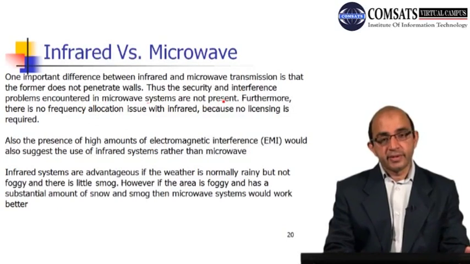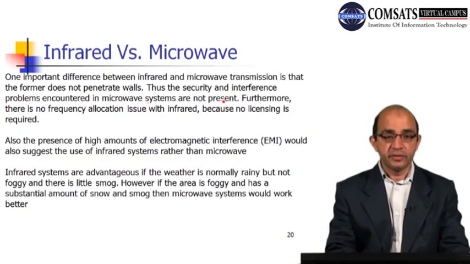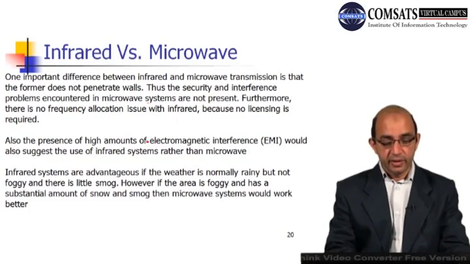As we know, in infrared we modulate non-coherent light and use that modulated non-coherent light to transmit and receive, and this communication is confined within the room or maybe within the building, so there is no requirement for frequency allocation, right? It is using a non-licensed frequency band.